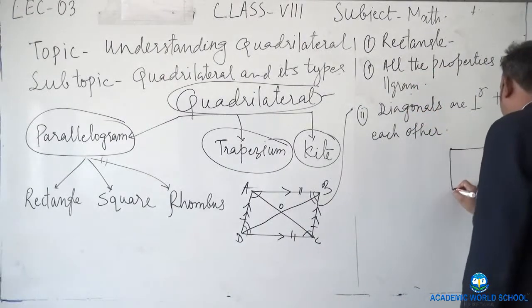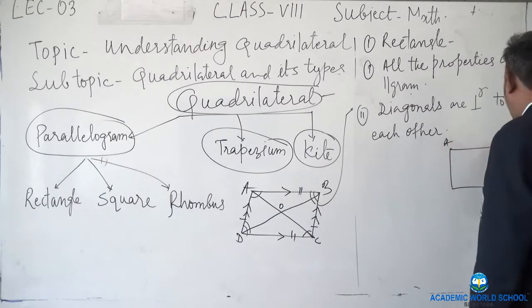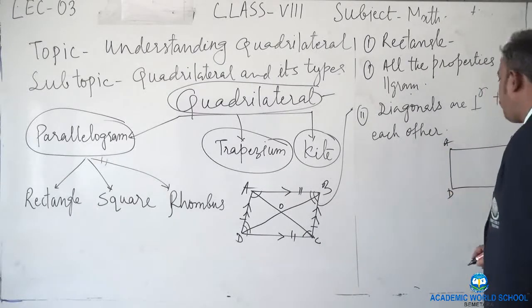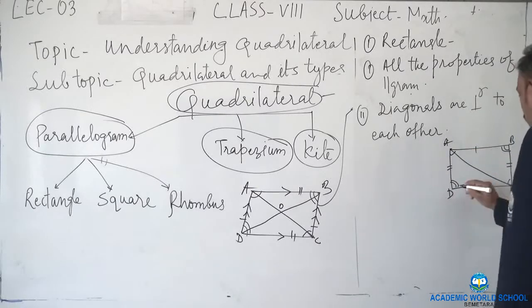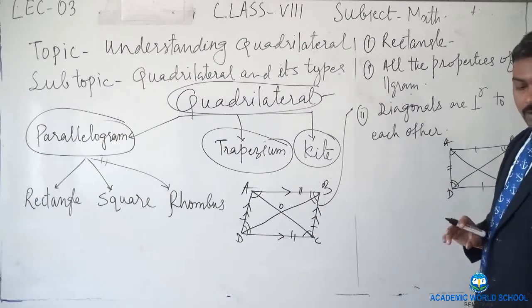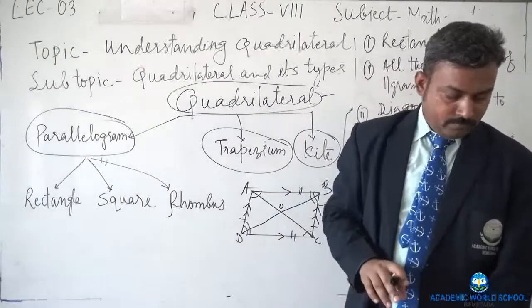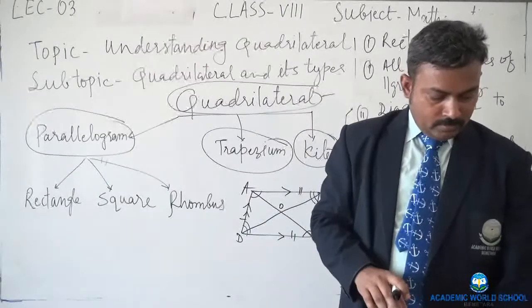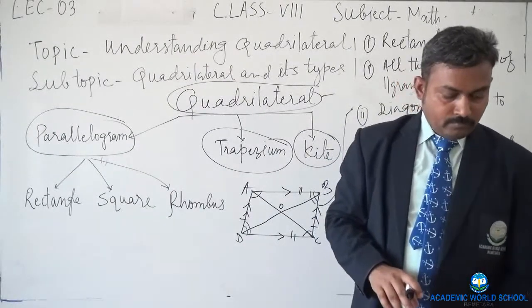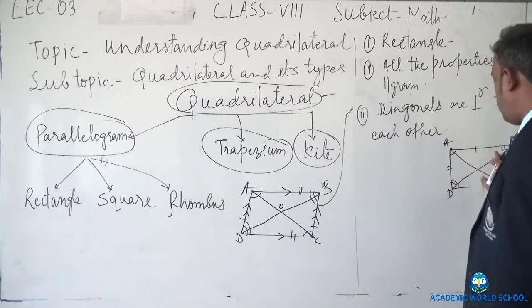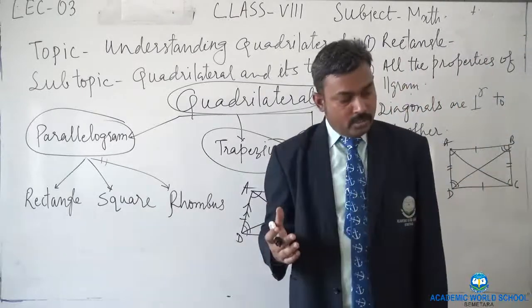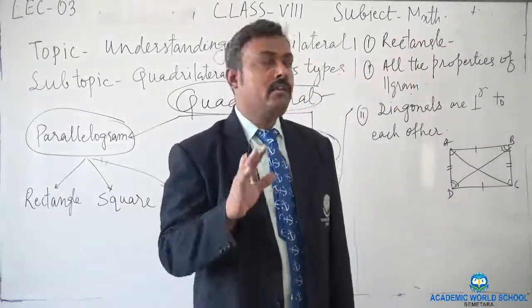So opposite sides are equal, opposite angles are equal. Diagonals bisect each other, and diagonals are equal also.